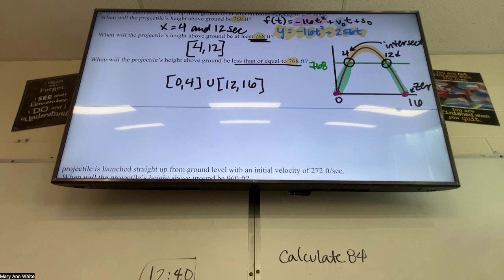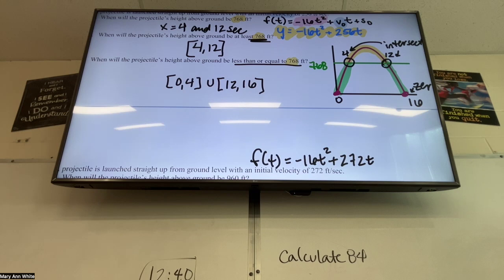What's my equation going to start with? How do all of them start? Negative 16 t squared. And then what? Velocity, my velocity, and then my S, but am I starting at ground level again? So I don't need an S.